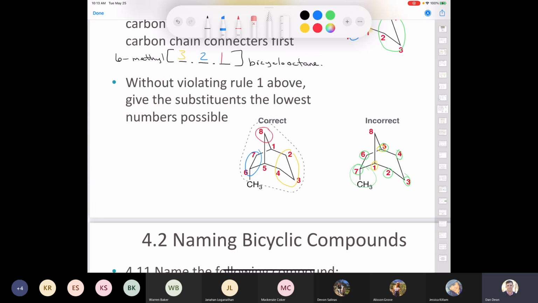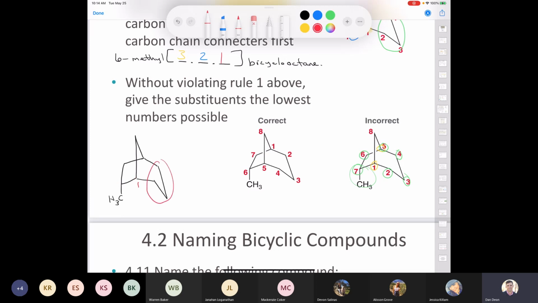Because the rule states, if you redraw this compound, like that, why aren't you going like this, 1, 2? Because you started at a bridgehead carbon, that's correct, but you have to go through the longest connector first. You do not add a period after the third one.